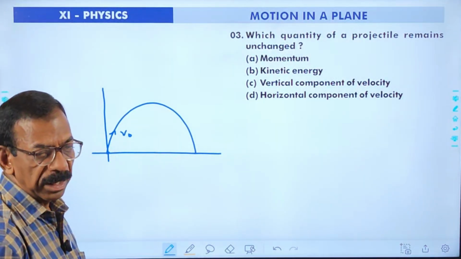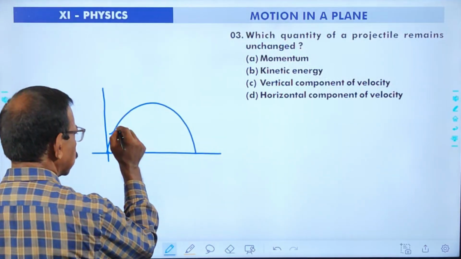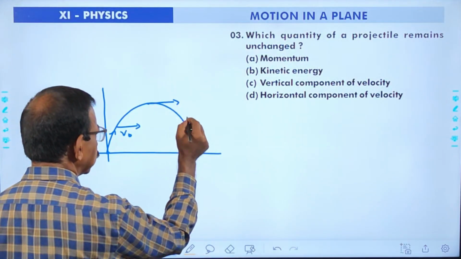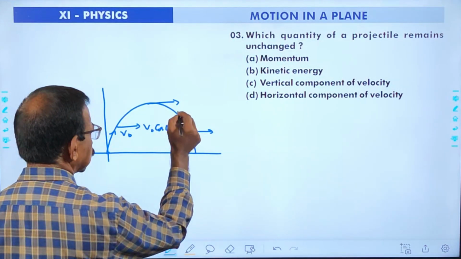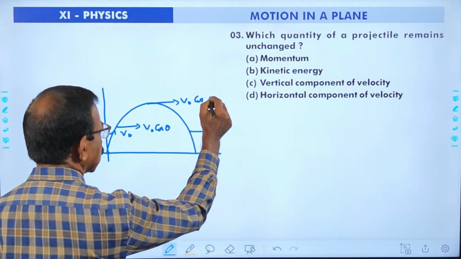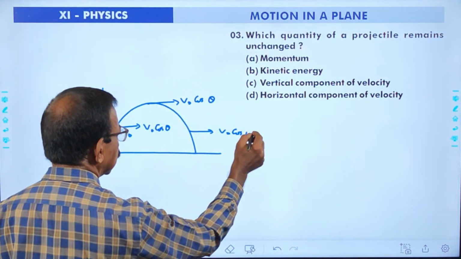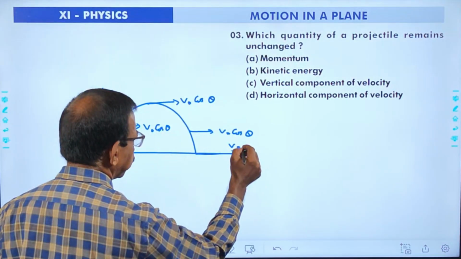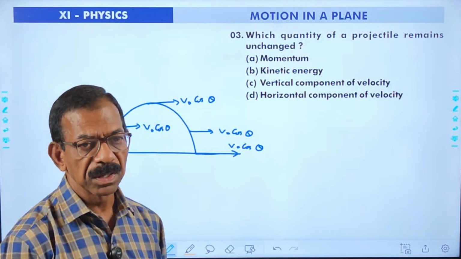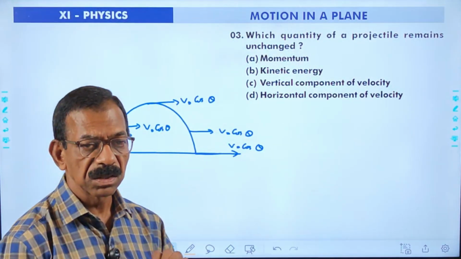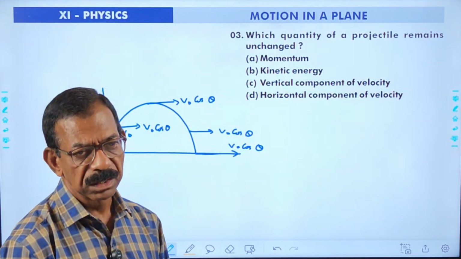Question number 3. Which quantity of projectile remains unchanged? In the above question, I have mentioned that horizontal motion is with the uniform velocity always. Horizontal velocity V0 cos theta remains unchanged always. Hence, the quantity which remains unchanged in projectile is the horizontal component of velocity, since horizontal motion is with the uniform velocity.